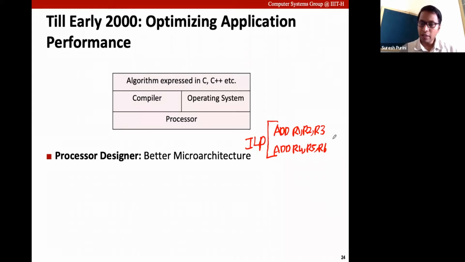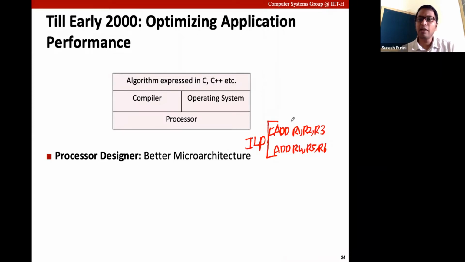For example, the first instruction is a floating point add, F-add. Apologies, I'm learning to write using my new device. It's not coming out right, but maybe in a class or two it will settle down. If the first instruction is a floating point add and the second is a regular add, floating point addition takes more clock cycles than regular addition.